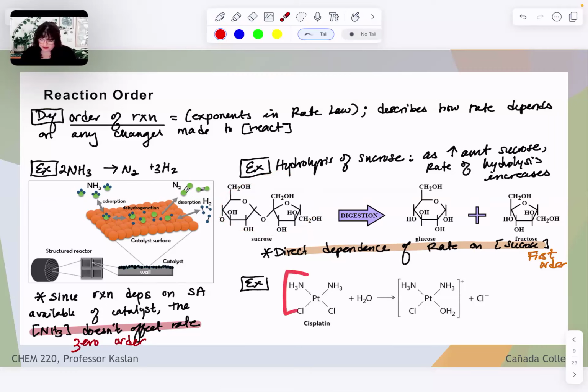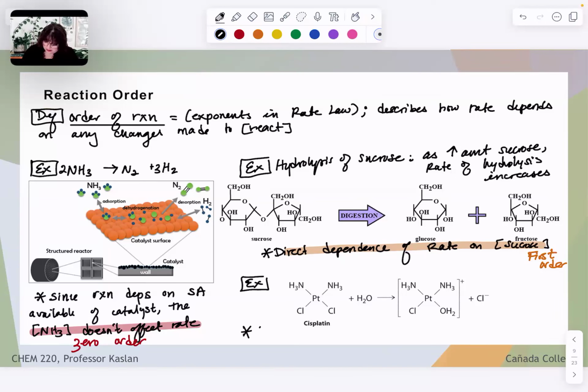Here, this reaction requires absolutely one water in order for us to then create these new additions, we call them ligands, onto the cisplatin molecule. So since we have two reactants that are required to make the products happen, then we call this a second order reaction.